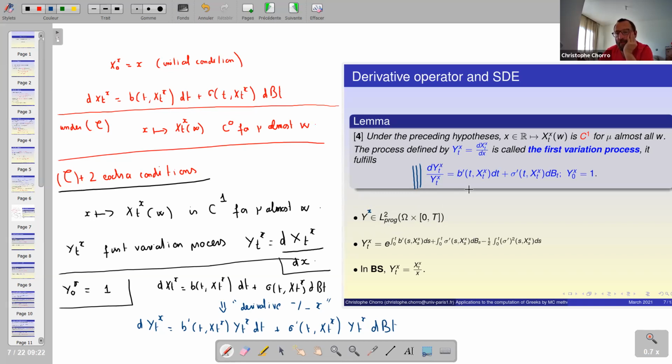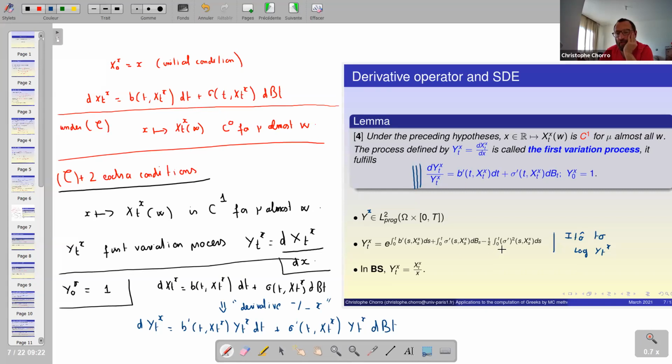And here I see that the form of this equation, applying Ito formula to the logarithm of y_t^x, gives me this form for y_t. So it's exactly the same trick that you use when you obtain the form of the solution in the Black-Scholes stochastic differential equation.